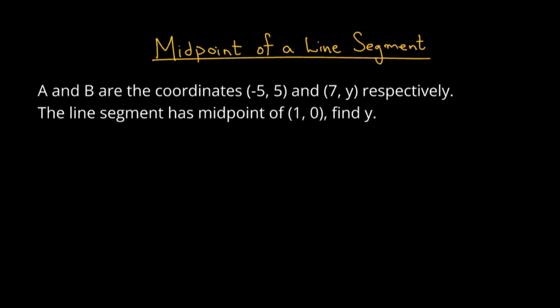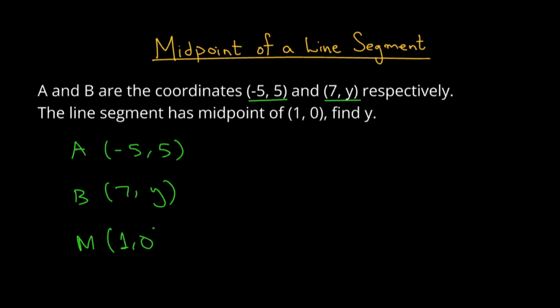A and B are the coordinates -5, 5 and 7, y respectively. The line segment has midpoint 1, 0. Find y. So you have the coordinate A, which is -5, 5, and B, which is 7, y. The midpoint m between the two coordinates is 1, 0. Since the midpoint is the average of x and y values, the average of -5 and 7 is 1.